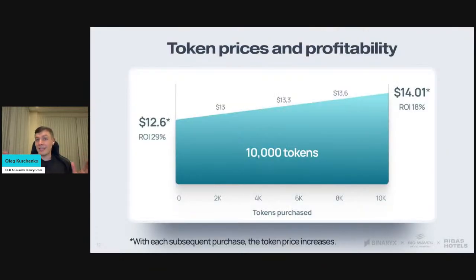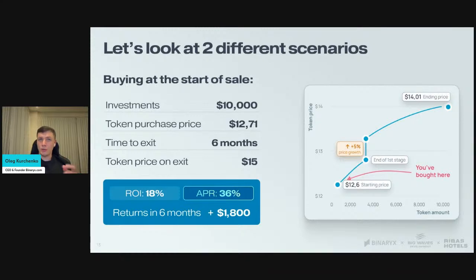A really simple example: we issue 10,000 shares, and in the beginning the token price will be $14.01, but in the end the token price will be $20.6. That mechanism helps us motivate people to invest on the early stages and on the late stages too, because the time until exit of the investment will be different, they will receive their money back faster, and their annual percentage rate will grow.